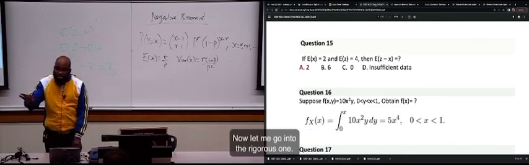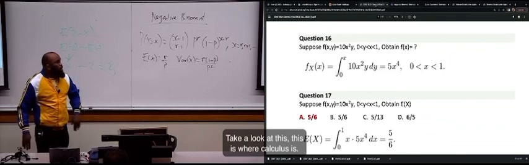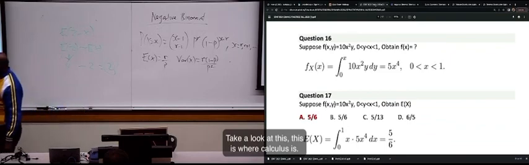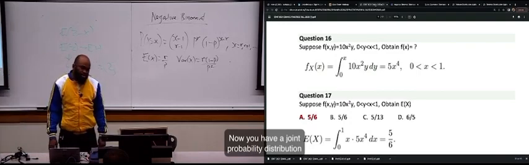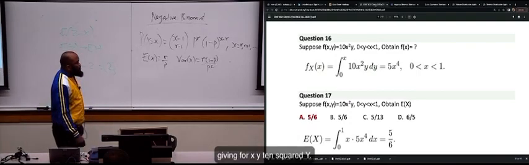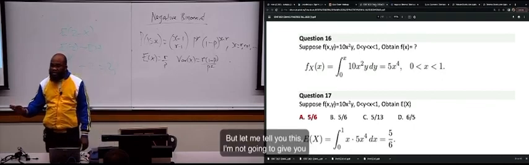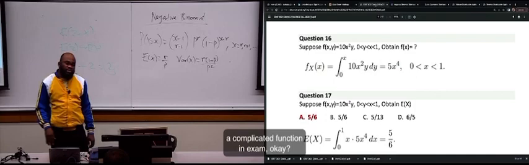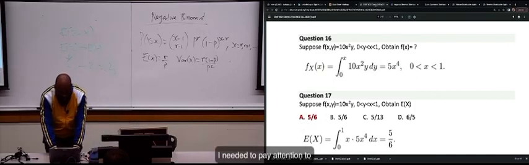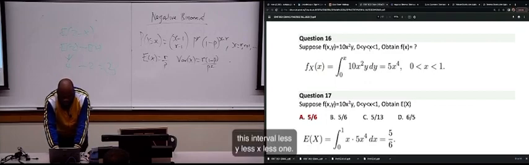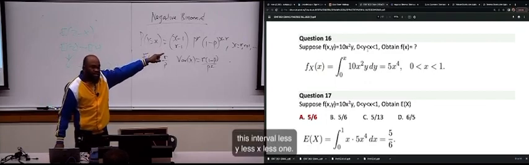Now let me go into the rigorous one. Take a look at this. This is where calculus comes in. You have a joint probability distribution given as f of xy equal to 10x squared y. But let me tell you this: I'm not going to give you a complicated function in the exam. I need you to pay attention to this interval: 0 less than y less than x less than 1.